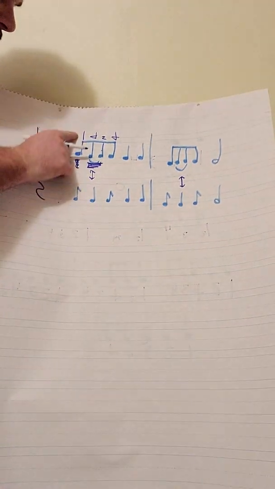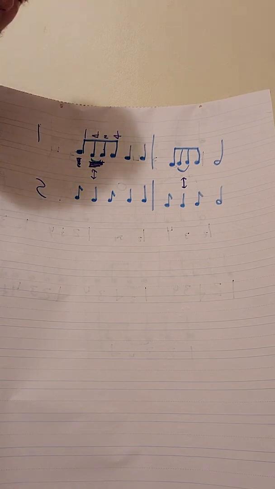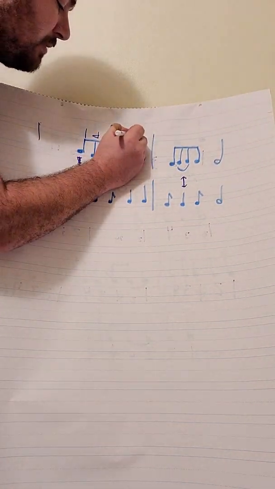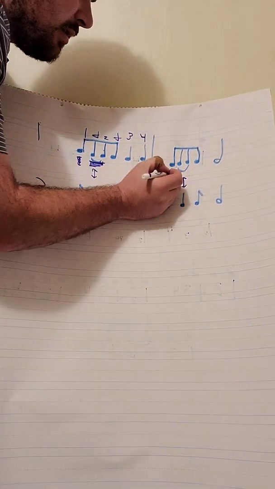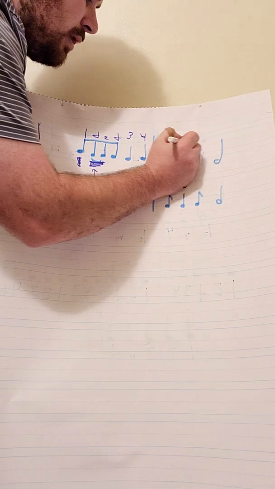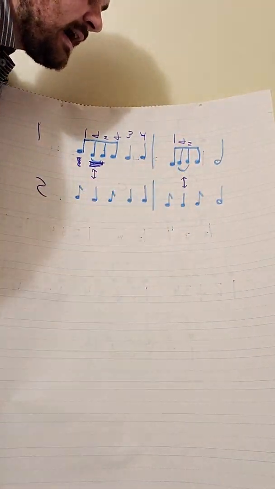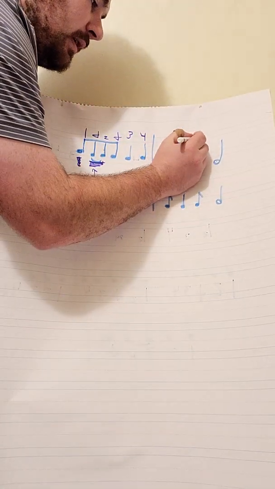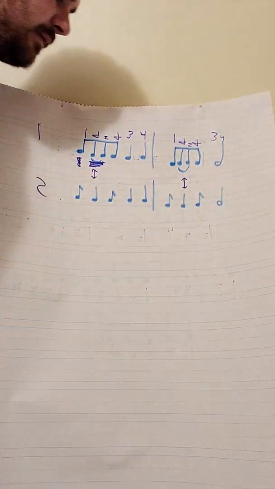It should have been a big 1, a big and, a little 2, because that third eighth note starts the second beat, and then a big and, then a big 3, and a big 4. Same thing over here: a big 1, a big and, a little 2, because the downbeat of 2 is tied to the and count of 1, and then a big and, then a big 3, and a little 4 for the half note.